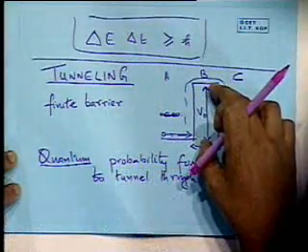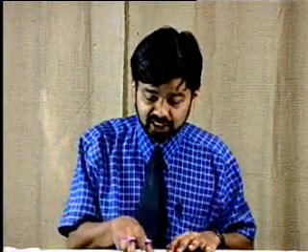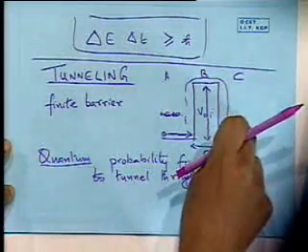But since my barrier here is finite, that immediately suggests that there is some probability, however small, of finding my electron in here. In other words, psi is non-zero because of the finite nature of this barrier. All right? So classically speaking, the particle is either here or here or here.